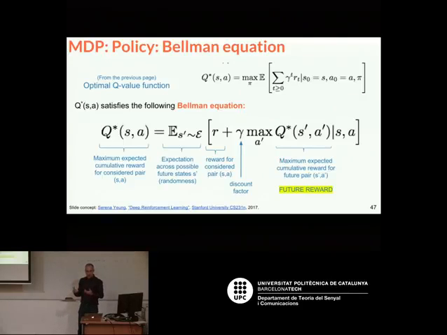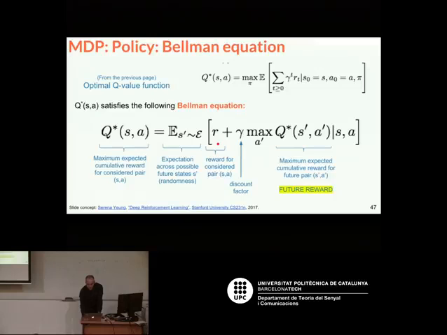In order to formulate this process of choosing the policy that maximizes this cumulative reward, we are going to use something called a Bellman equation. That's a well-known equation for control systems. Basically, what this equation presents is that the maximum expected cumulative reward for starting from this pair is part of the reward that we get. It's an expectation across all possible future states, which is a way of introducing the randomness.